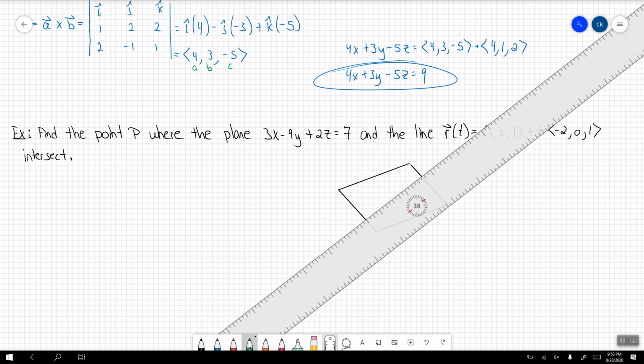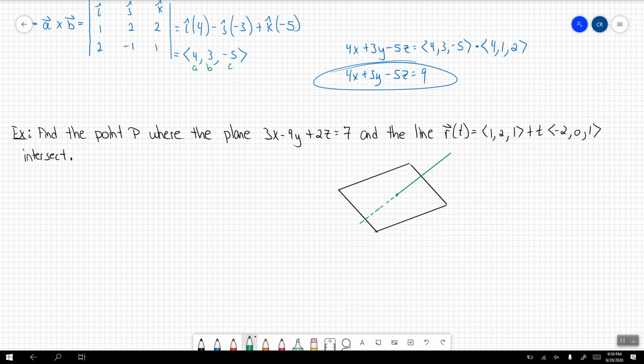Okay, so I'm just going to draw a line here. This is going to be the line, moving in that direction. And then once it intersects the plane, then we'll see it from below. There we are. So there's some vector equation of the line that we are going to be working with.